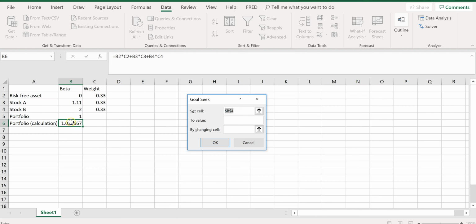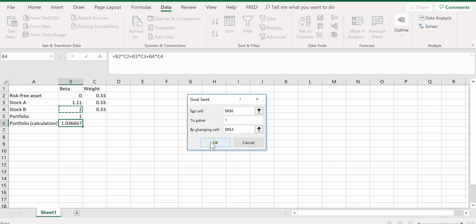So we need to make this B6 and set it to the actual beta, which is 1, to value 1, by changing cell. The changing cell is the variable we need to change in order for this portfolio beta to be equal to 1, and we need to change the beta for stock B. So that's B4.